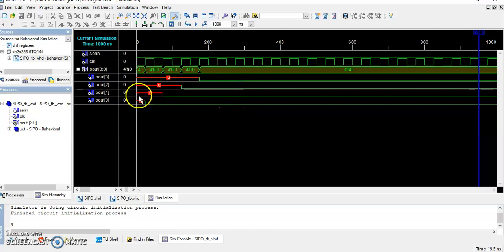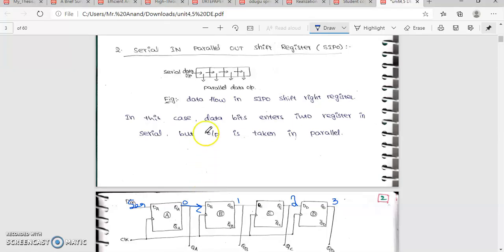So serial input data enters into the LSB flip-flop, that is P out 0, which gets the output during the first clock cycle. Before that is the undefined state, and then during the second clock cycle, this P out of 0 or temp of 0 will come to the second flip-flop.